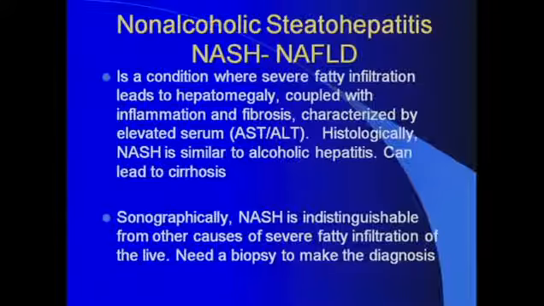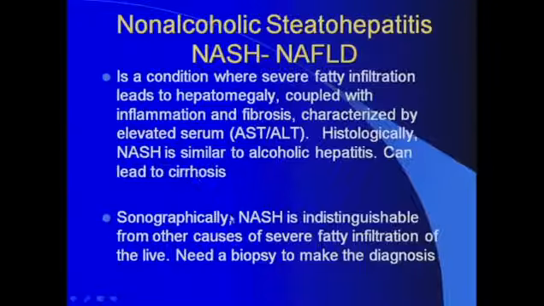Now, can you make the diagnosis based on ultrasound? Absolutely not. But you can suggest the possibility of NASH when you see severe high levels of increased diffuse echogenicity affecting the liver, i.e., whenever you see distortion of the normal biliary and vascular anatomy without appreciation of the pattern of these normal vessels in the liver, this entitles you to the possibility of NASH.